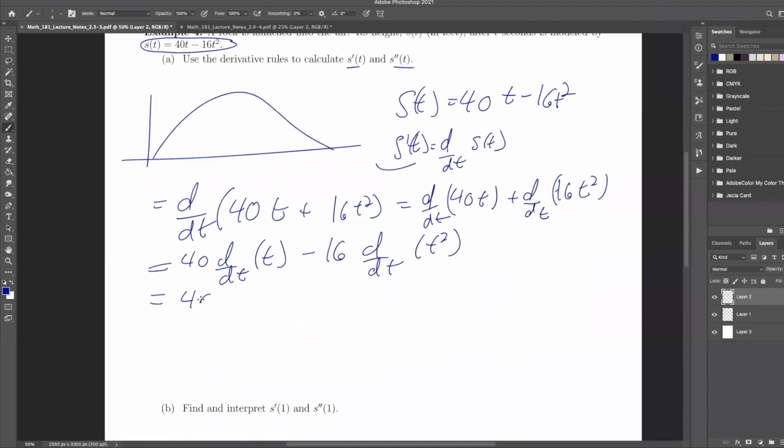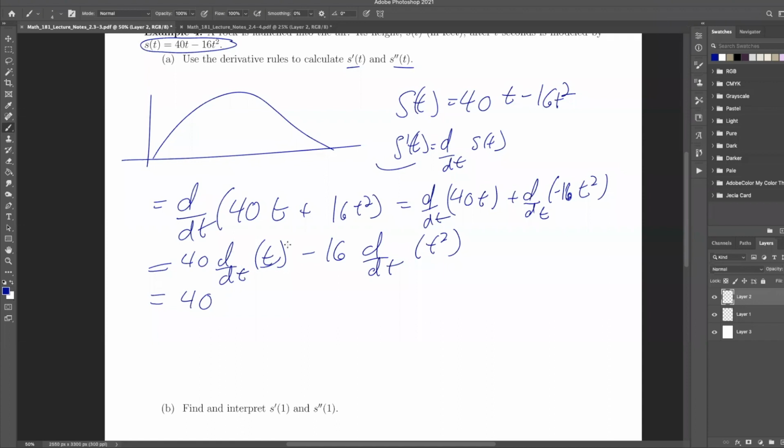So here I'll have 40. Technically this has a power of 1. Oh, wait a second, this is just the derivative of t. So this ends up being 1, right? Remember from my rules? Let me make my negative sign not be awful. There we go. Okay. So remember, if we have d dx of x, it was 1.